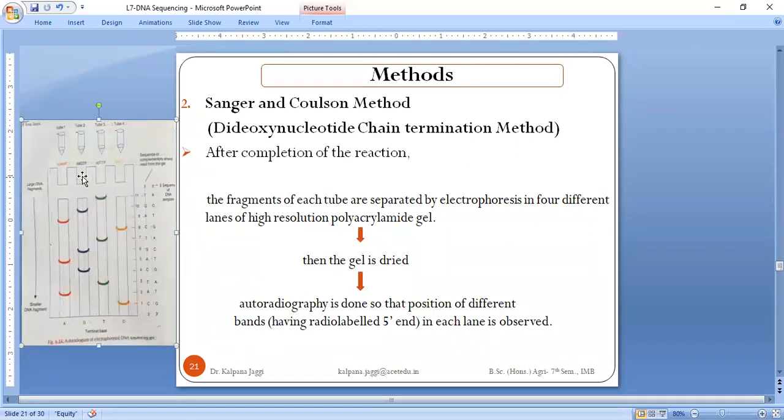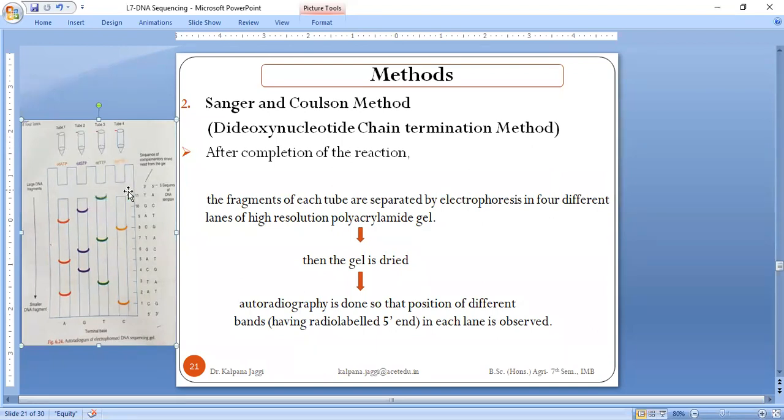How long the other strand is synthesized, this we will come to know from here. Once the reaction that I was showing in the previous diagram is completed, then all these fragments.